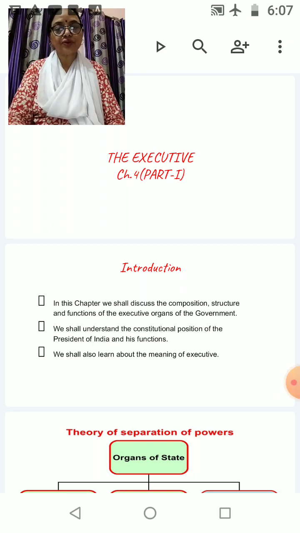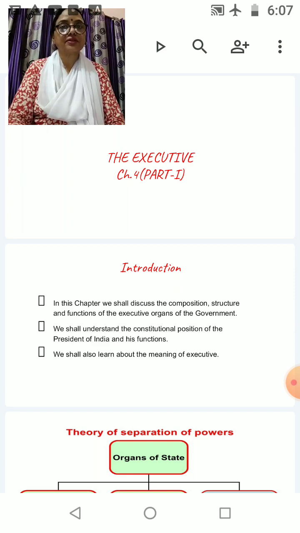Today I am going to teach the fourth chapter of your first part book, The Executive. In this chapter, we will discuss the composition, structure and functions of the executive branch of the government. We shall also understand the constitutional position of the President of India and his functions.